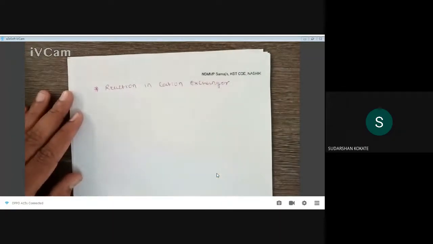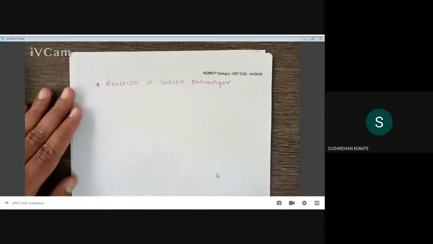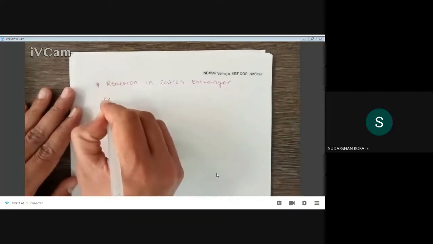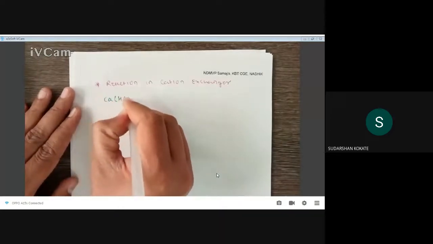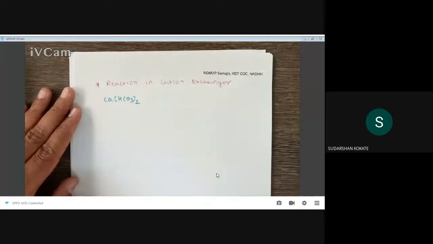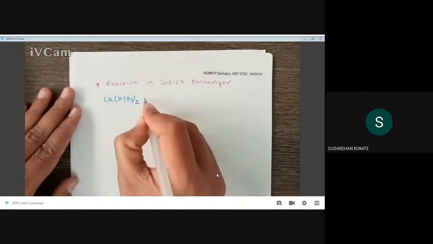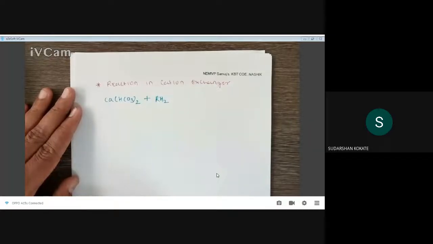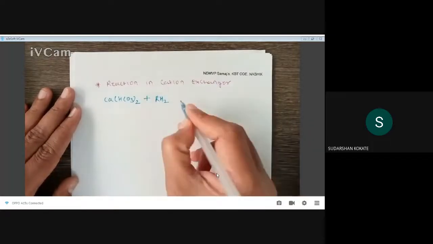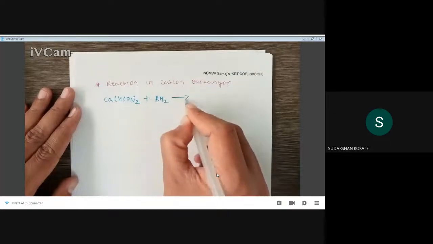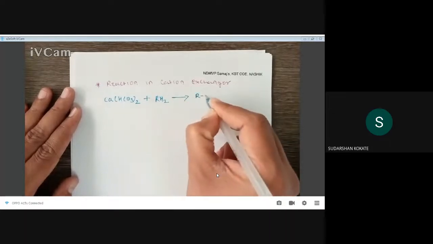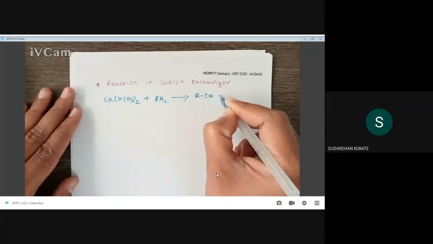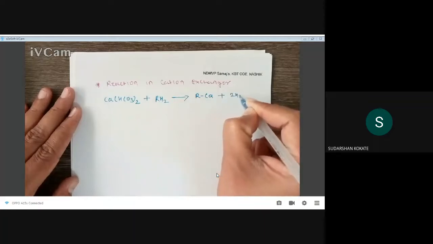For example, if calcium bicarbonate, Ca(HCO3)2, is present in your water sample, and this calcium bicarbonate comes in contact with RH2, the cation exchanger resin, it forms R-Ca plus twice H2CO3.